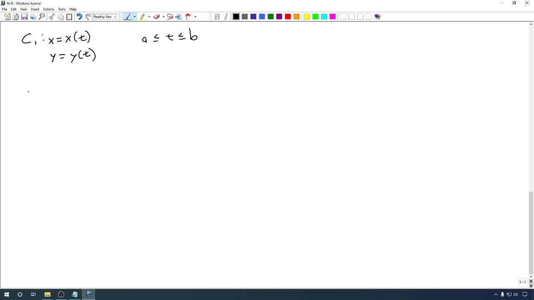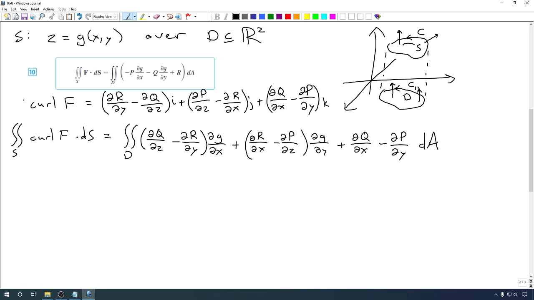If that is a parameterization for C1 with a positive orientation around D, then we can turn it really quickly into a parameterization for the curve C that's going around S, even sticking with the positive orientation, because the orientations for D and S are both upward.